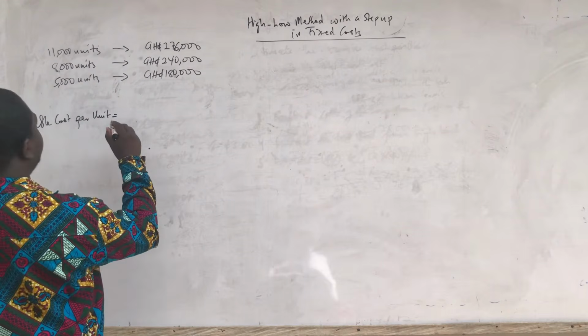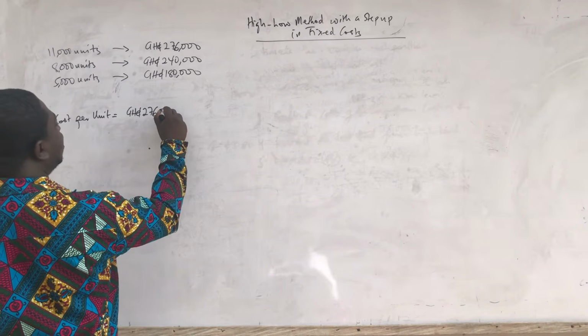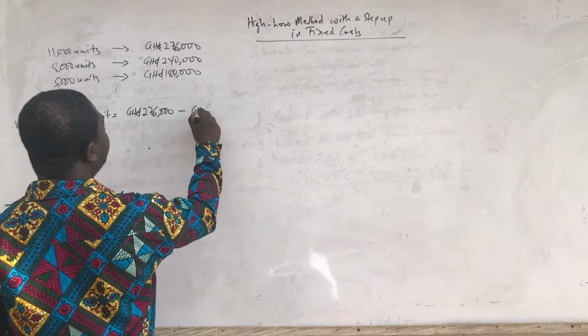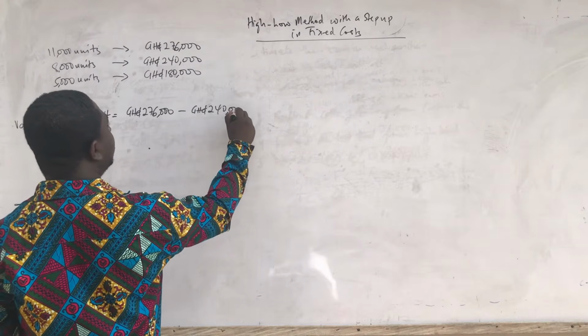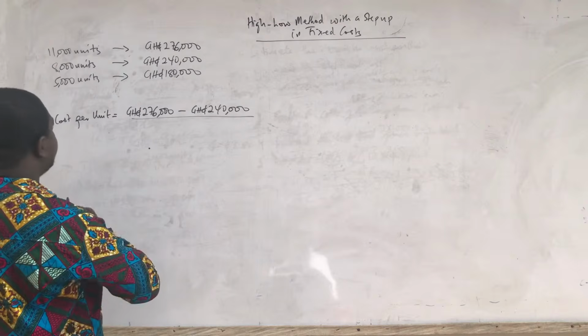And so for the purpose of finding our fixed cost, it will be 276,000 minus 240,000, because I'm using the second one as the low level now because they have the same fixed cost component.